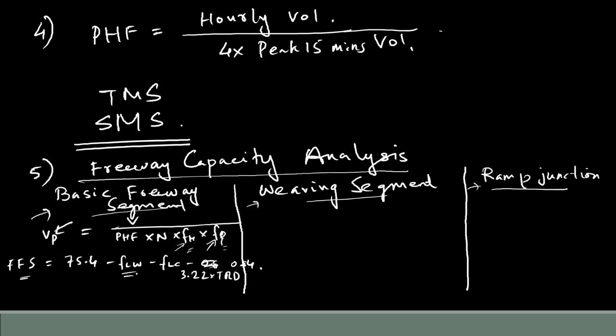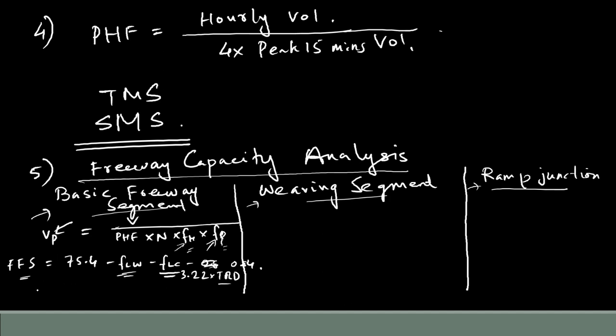It depends on fLW, fLC, and TRD. fLW is the adjustment for lane width, fLC is the adjustment for right lateral clearance, and TRD is total ramp density. Which factors FFS depends on is an important question.